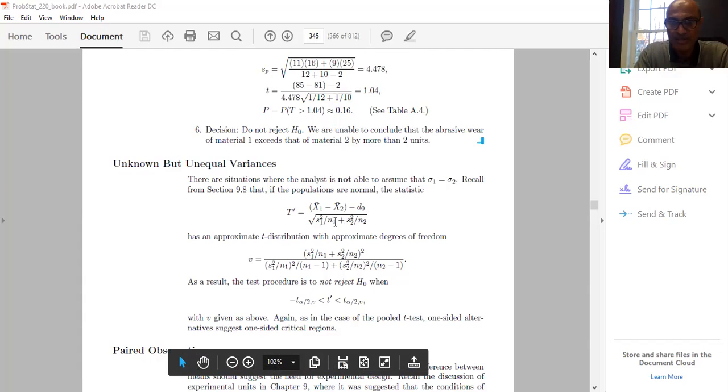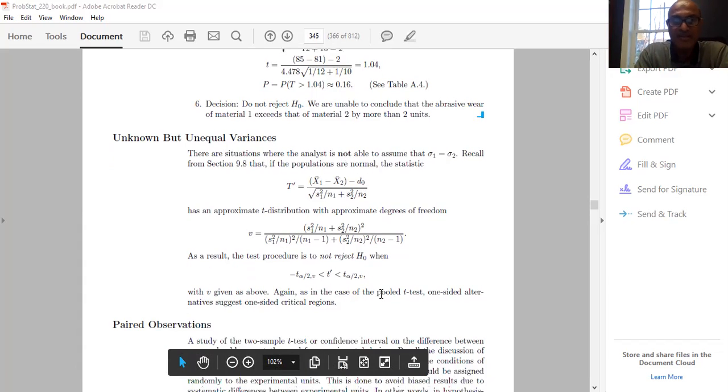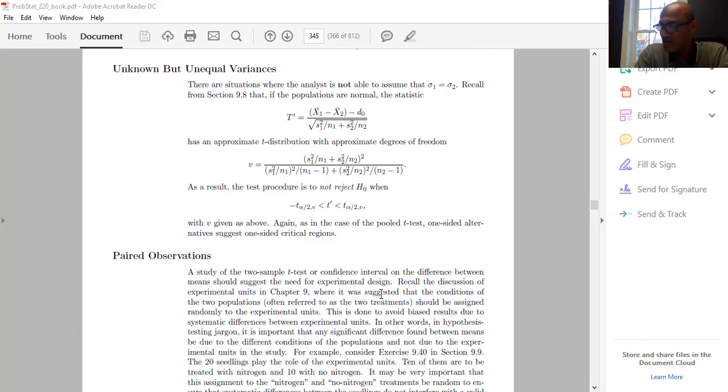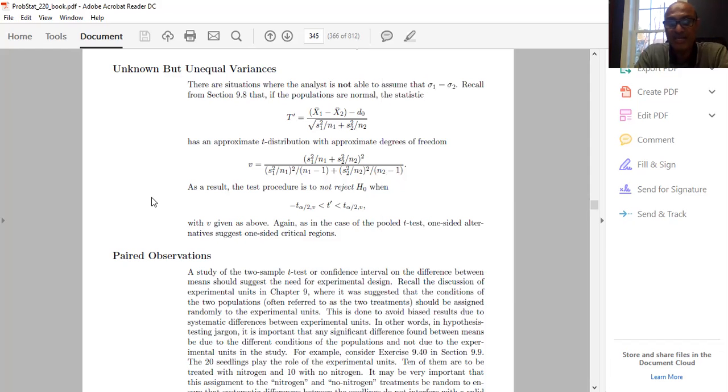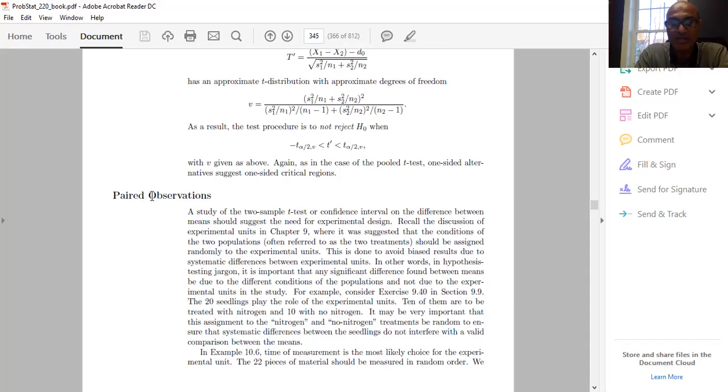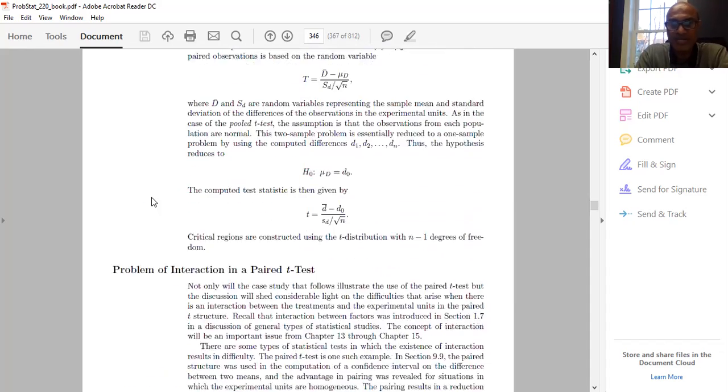Just plug these values in and make it x1 minus x2. So you again get one confidence interval. Anyway, guys, that's fine. He has not given any example here based on unknown and unequal variances, but that's fine.